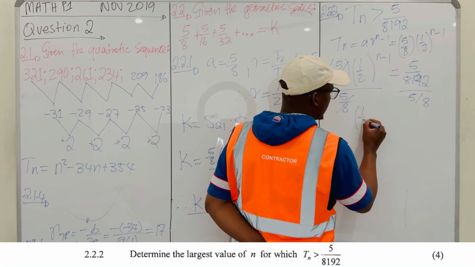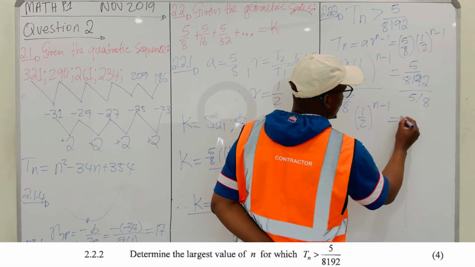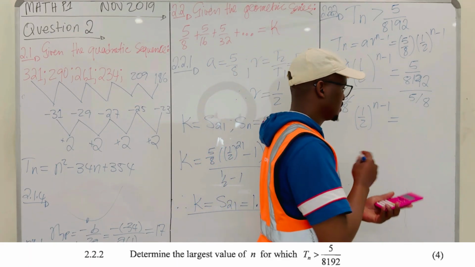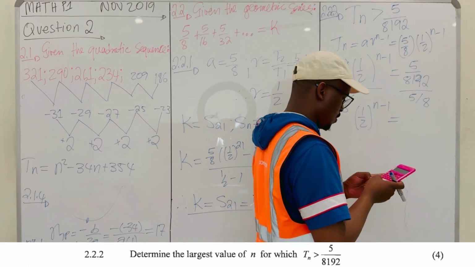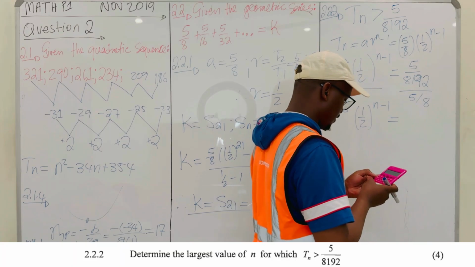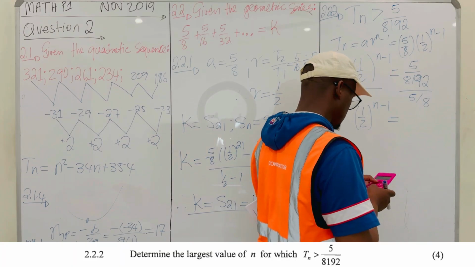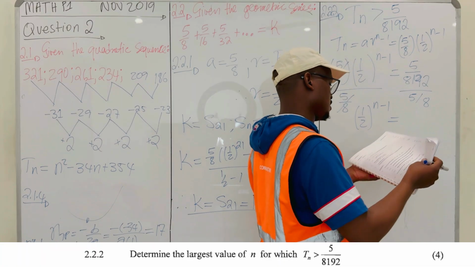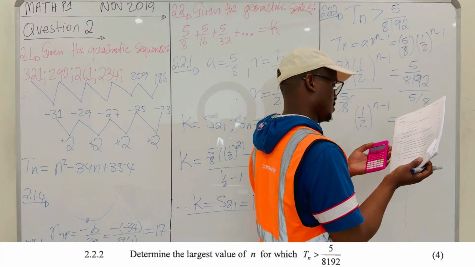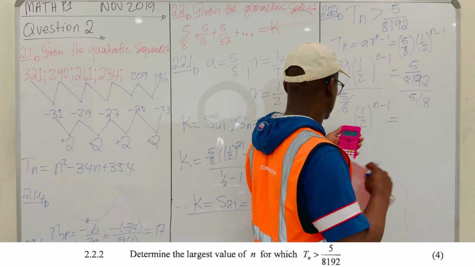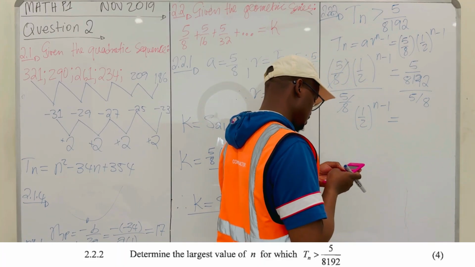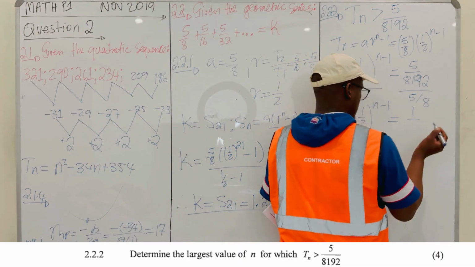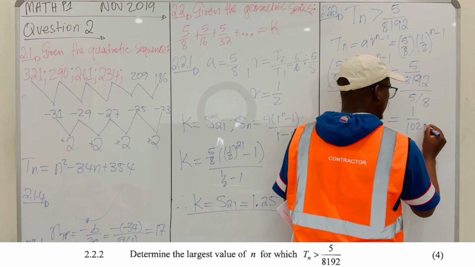So here we're left with 1 over 2 raised n minus 1 is equal to the answer to that. So let's find it: 5 over 8192 divided by 5 over 8. What you get is 1 over 1024.